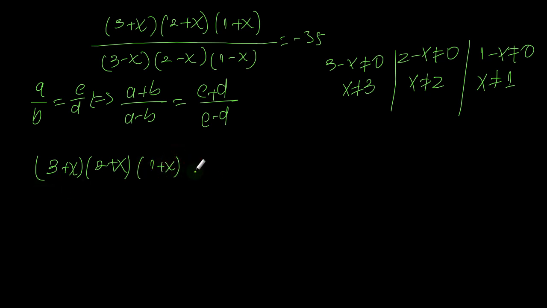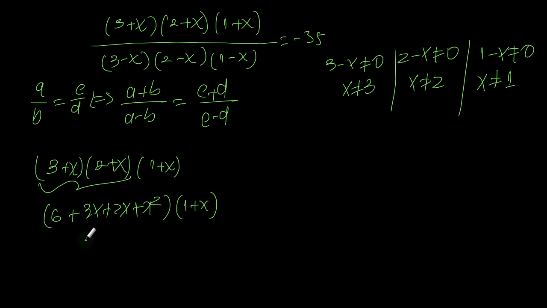So this one here is going to be equal to, let's multiply this one and this one. This is going to be 6, right, plus this one and this one, we're going to have 3x, and then we have 2x, and then this times this we have x squared, right, which multiplies 1 plus x.